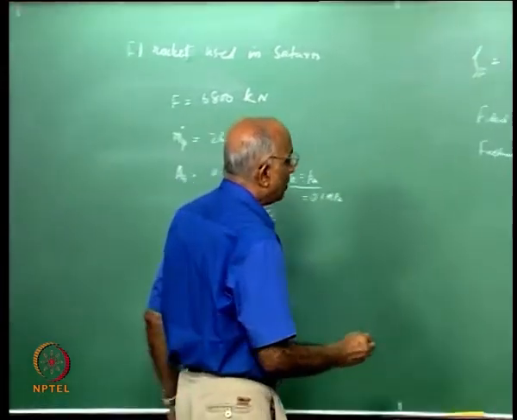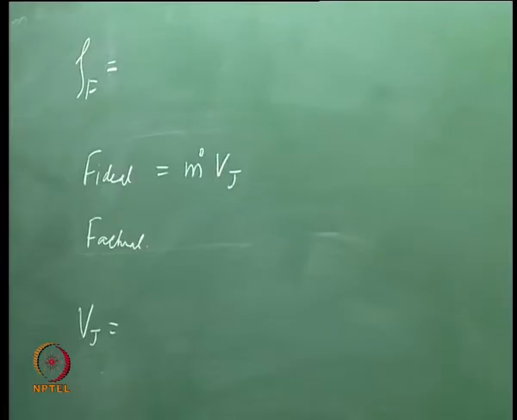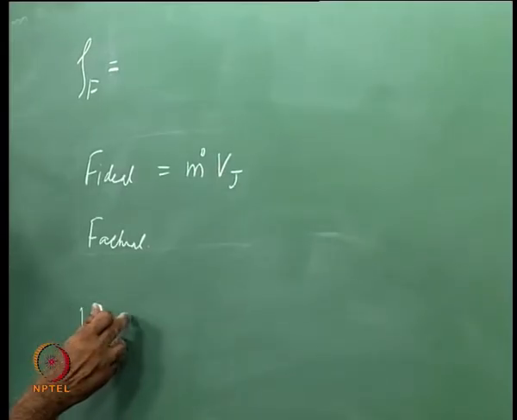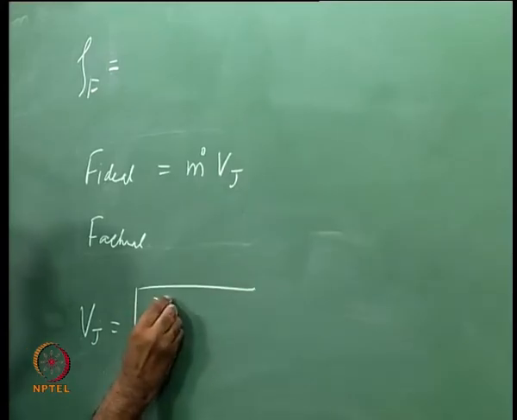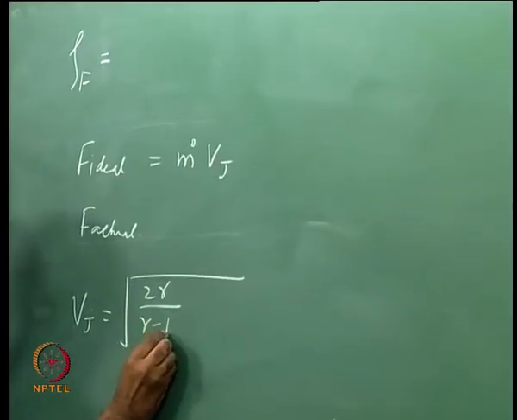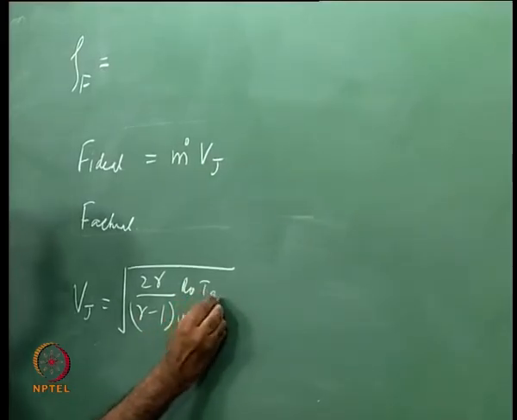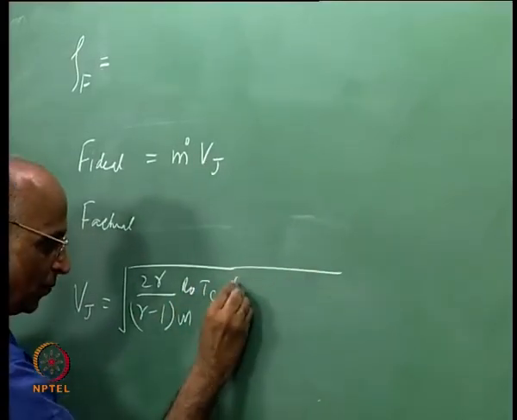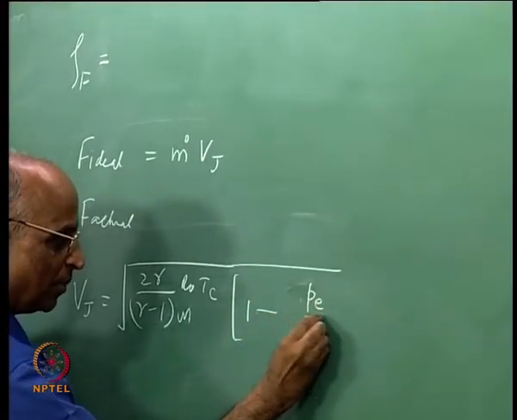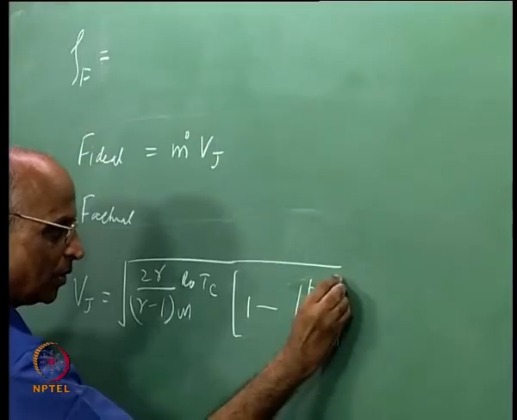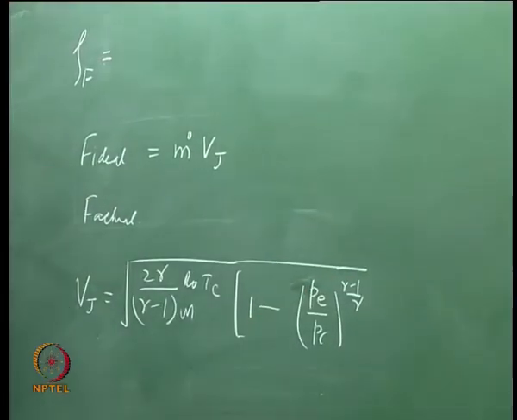And how do I get the value of Vj? We derived the expression Vj squared is equal to 2 of the enthalpy difference, which came out to be 2 gamma by gamma minus 1 times R naught by molecular weight times Tc into 1 minus Pe by Pc to the power gamma minus 1 by gamma, where Pe is the ambient sea level pressure.